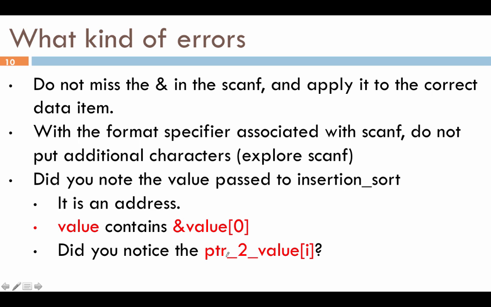And did you also notice that I accessed pointer to value of I? That is, I accessed the ith element in the array whose name is pointer to value. I hope you noticed it. I'm not going to tell you the reason for these things. You're supposed to become familiar with these.